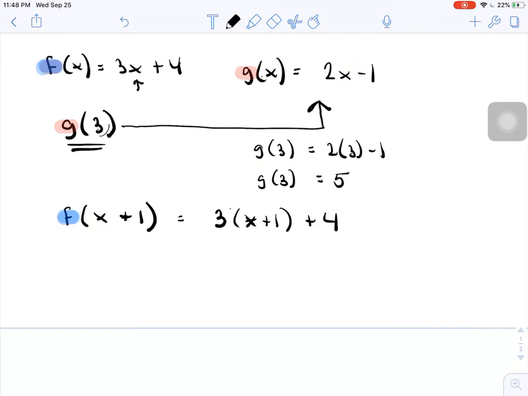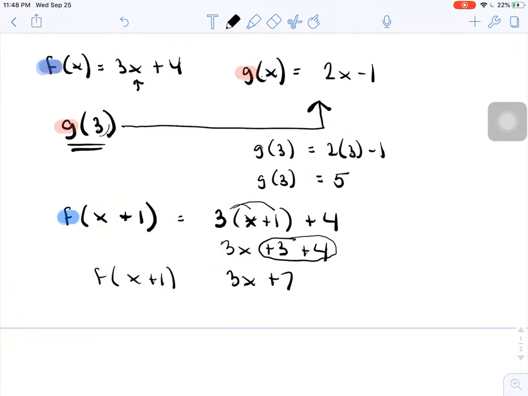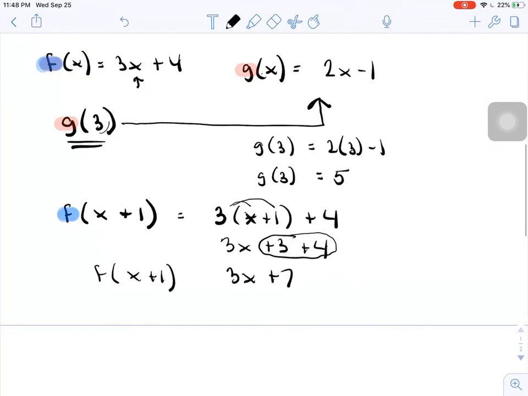If we use some distributive property, we could rewrite this. And then associative property says I can add in any order I want, which means I could add the 3 and 4 together. And I would get this. So f of x plus 1, in other words, if I put an x plus 1 for my input, gives me the output of 3x plus 7.